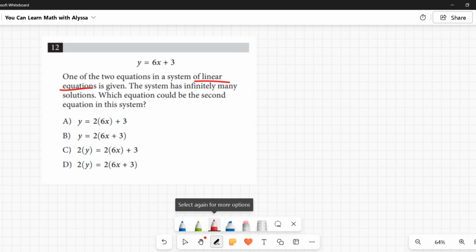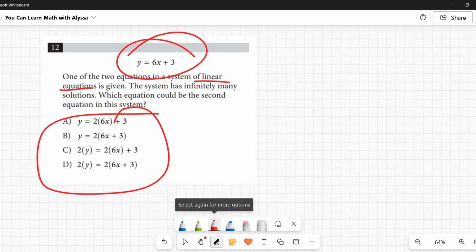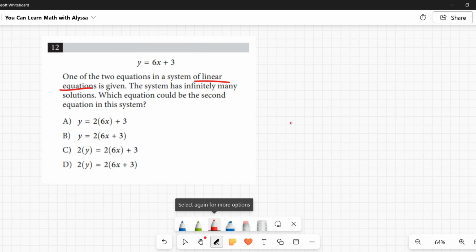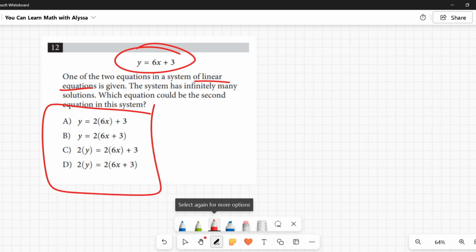So we need to look at these four and see which of these is the same as this one up here. Exactly the same as y equals 6x plus 3. Now, this is a very valid way to do it, you can put this in your graphing calculator, then put each of these four equations into your graphing calculator and see which one lines up directly over top of the first one.